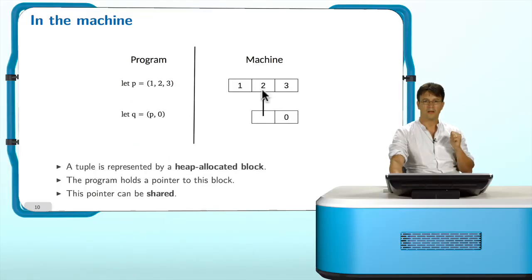Now, pointers can be shared, which means that if you change the second component of Q from 0 to P, in fact, you will have 2 pointers in the pair, and the second one points to the same block as the first one.